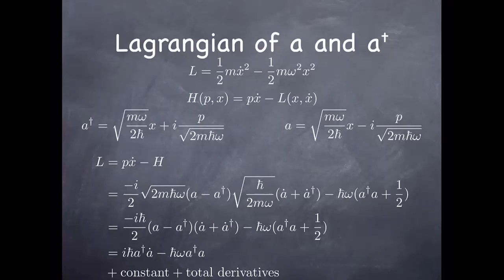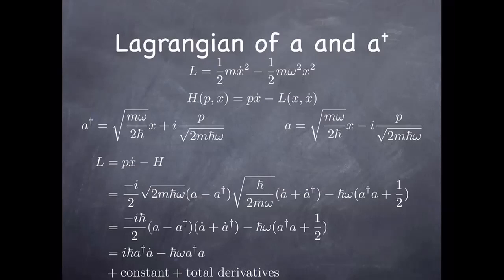It's a total time derivative of A dagger squared, so I'm going to drop it. A dagger A dot is the piece I have here, but only half of it. I also have A dot dagger. But then I can use the total derivative of A dagger, basically do integration by parts, to turn A dot dagger into A dot A dagger, so that I end up with this form at the end of the day.